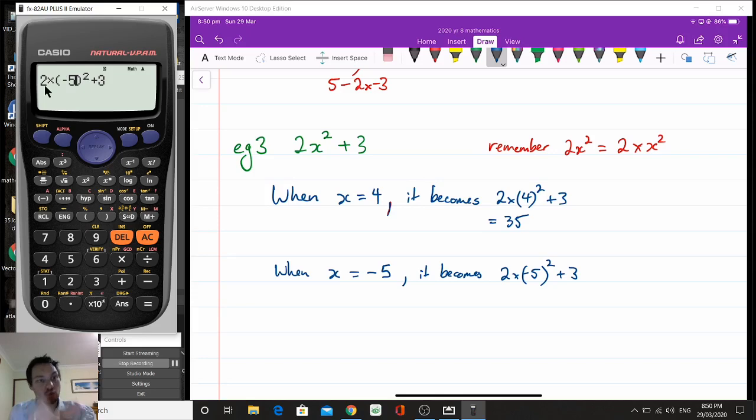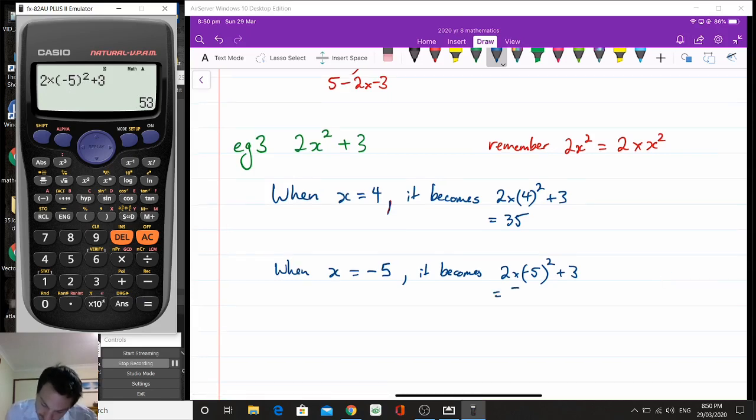Okay, so we get 2 times positive 25, which is 50, plus 3. Okay, so we get 53. So when we have a squared, even the negative number is going to square to become positive.